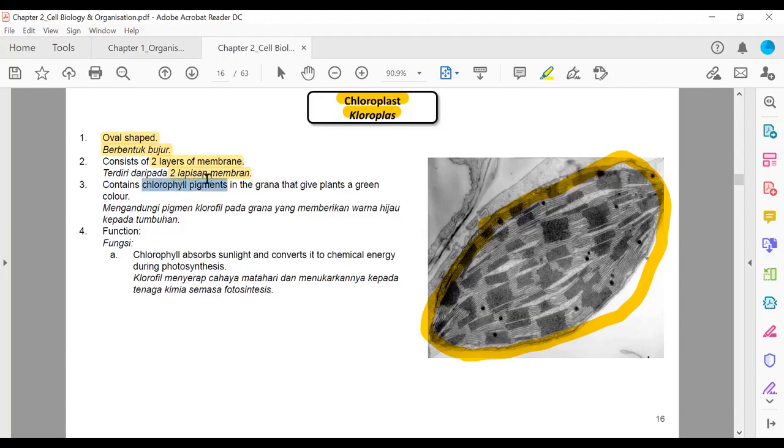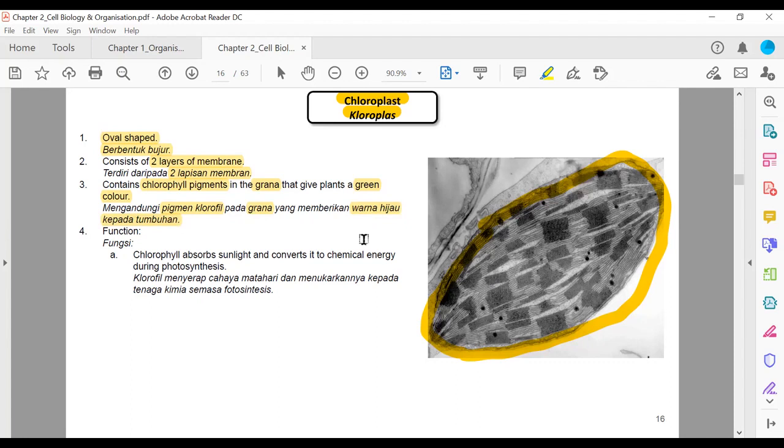Contains chlorophyll pigments in the grana that give plants a green color. Mengandungi pigmen klorofil pada grana yang memberikan warna hijau kepada tumbuhan. You know this very well, right? So dalam chloroplast ada satu pigmen.